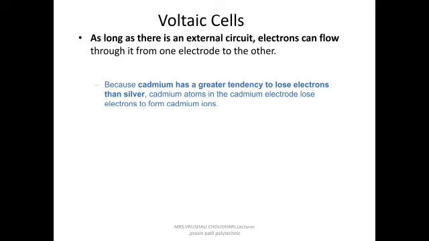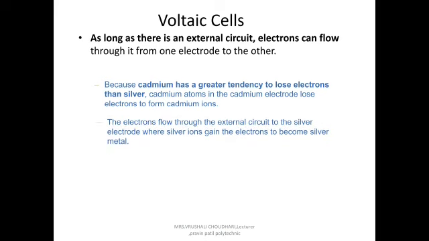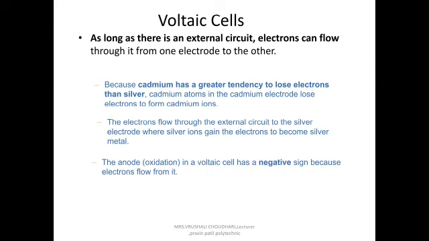A cadmium atom loses electrons to form a cadmium ion, while silver is more stable and has a tendency to gain electrons. The free electrons pass through the external circuit towards the silver electrode, where silver ions gain electrons to become silver metal.